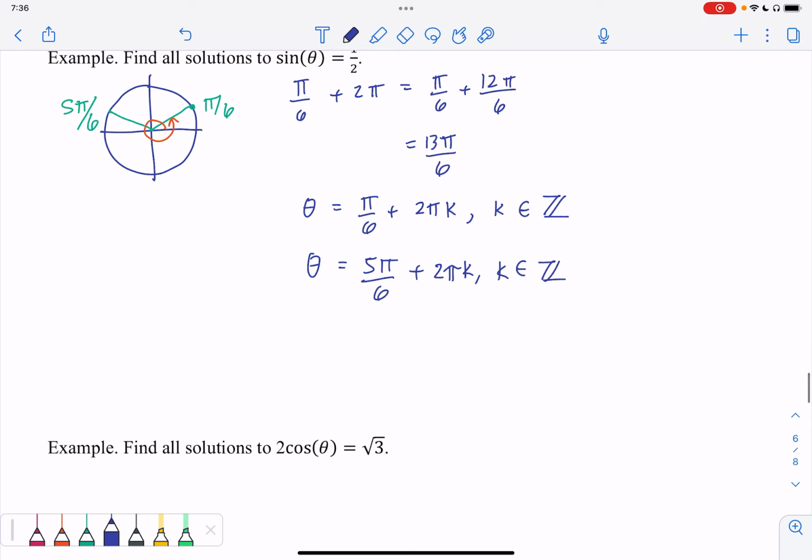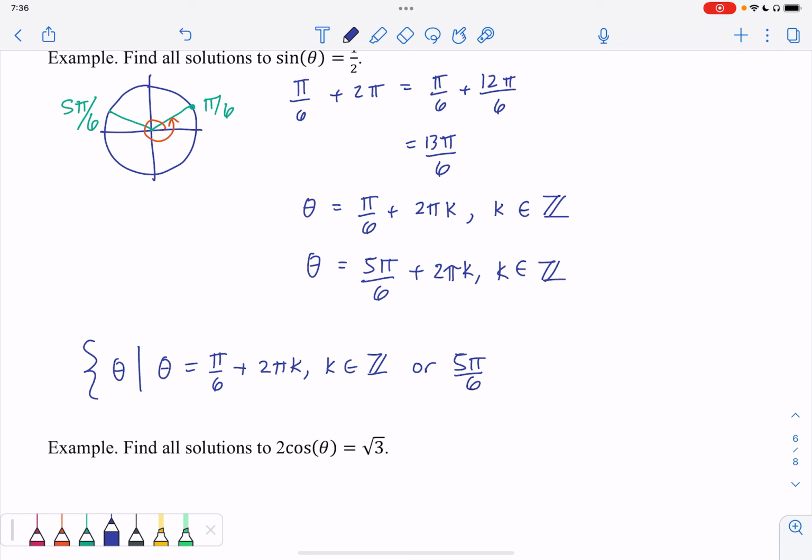So how would I write that in set notation? I'm going to write in my curly bracket, all theta such that. What you're saying is all angles that satisfy the following condition. So all angles such that theta is pi over 6 plus 2 pi k, where k is an integer, or 5 pi over 6 plus 2 pi k.